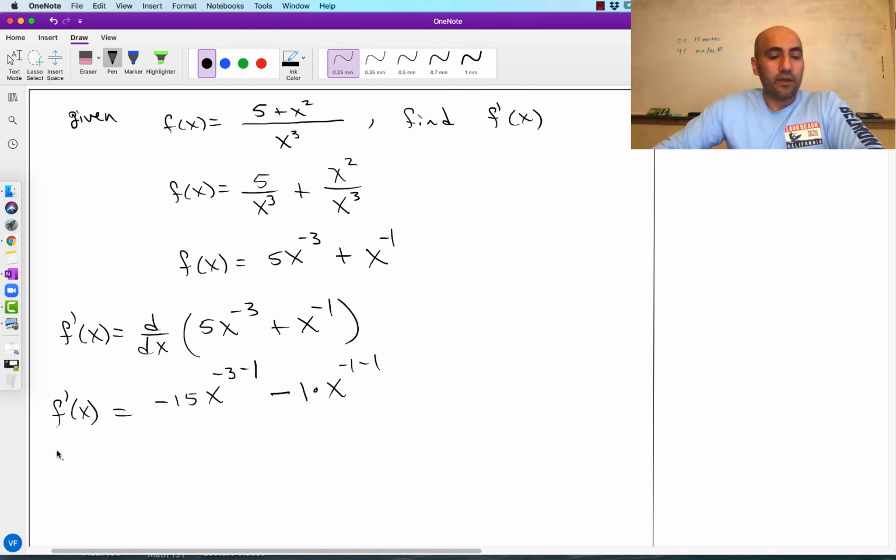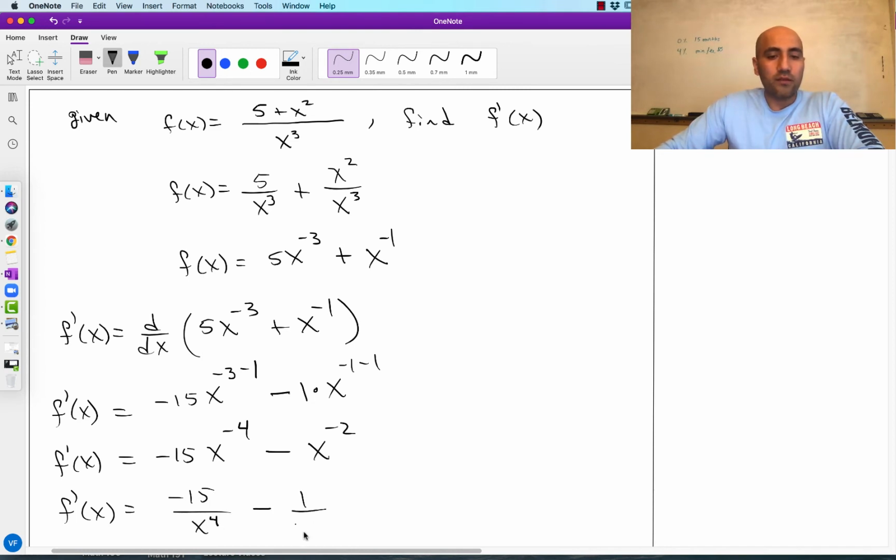Like that. Okay, and so f prime equals negative 15 x to the minus 4 minus x to the minus 2. And then going back to this style, we could say that this is then equal to minus 15 over x to the fourth power minus 1 over x to the second power.